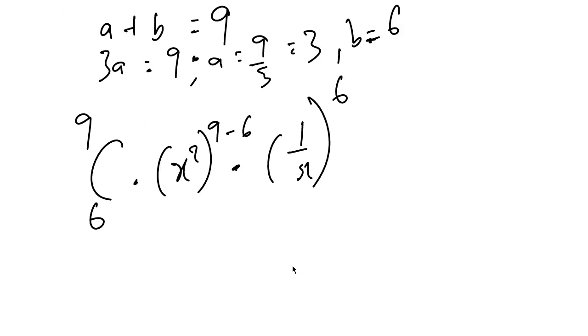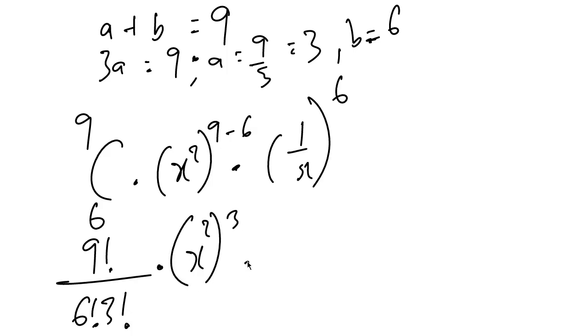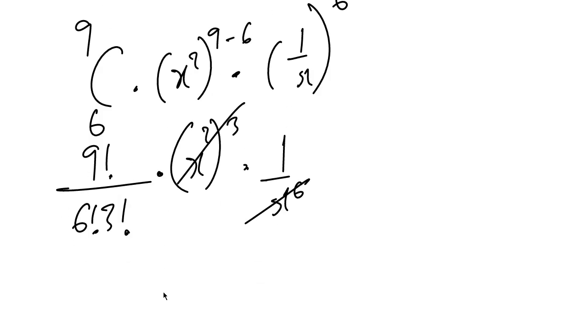So 9 combination 6. I don't think 9 combination 6 should be hard. That's 9 factorial over 6 factorial 3 factorial. And then x squared to the power 3, and 1 over x to the power 6. So you can see that this and this will cancel. So it's simply 9 combination 6.